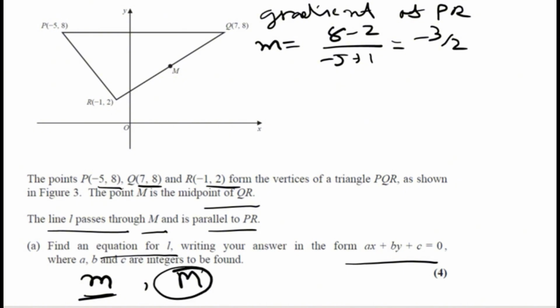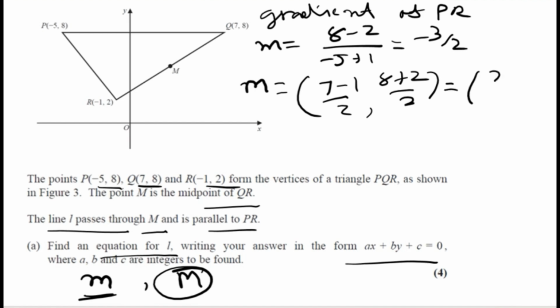To find the coordinate of point M, we can use the midpoint formula. So coordinate of M is equal to (x1 plus x2)/2 and (y1 plus y2)/2. So that will give me (3, 5) when you simplify.